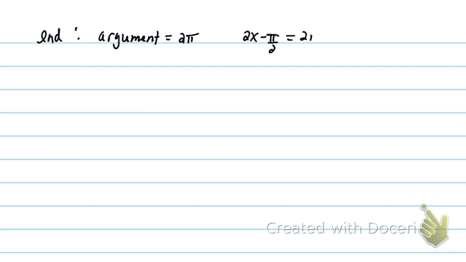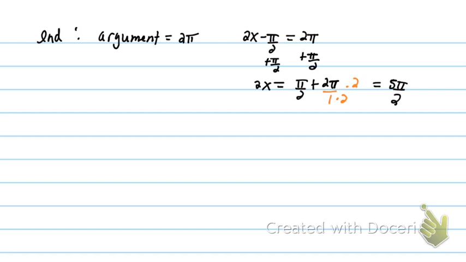We're going to set that equal to 2 pi. Again, I'll add the pi halves to both sides. So I'm going to have 2x equals pi over 2 plus 2 pi. Let me think of that as over 1 and get a common denominator. And so that winds up being 5 pi over 2 over there.